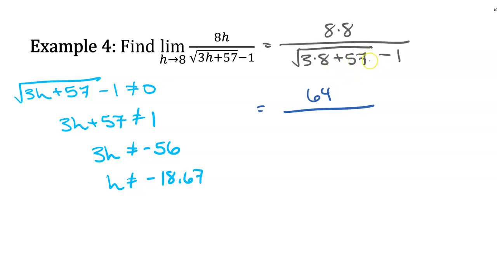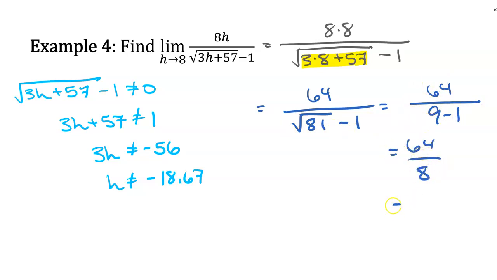So if you want my recommendation, I would say to deal with the radicand and then work with simplifying the radical. So 3 times 8 and then plus 57 will give us a radical 81. So that is easier to avoid mistakes. So square root of 81 is 9, so 64 divided by 8, and we'll get 8 for our limit.